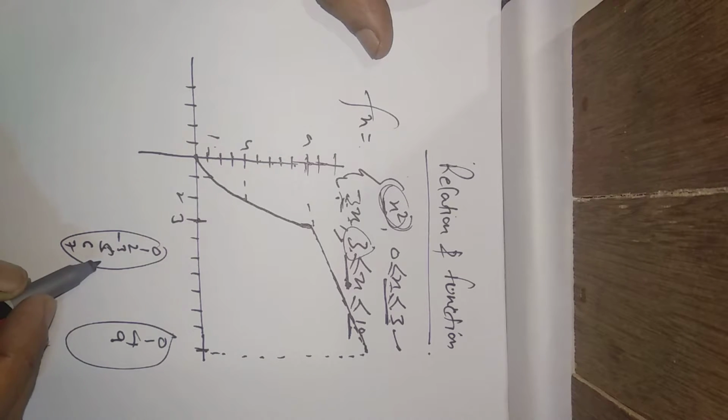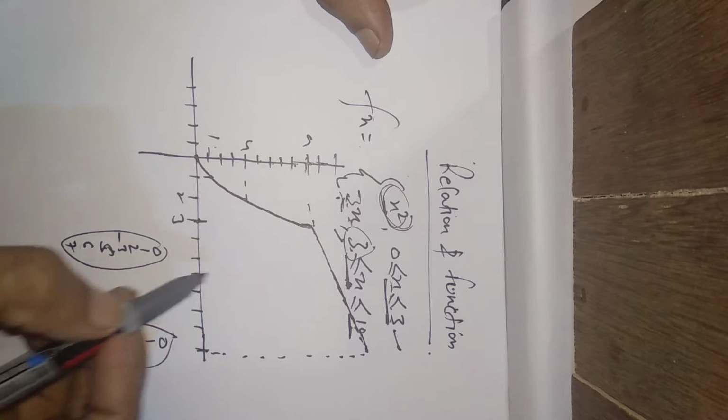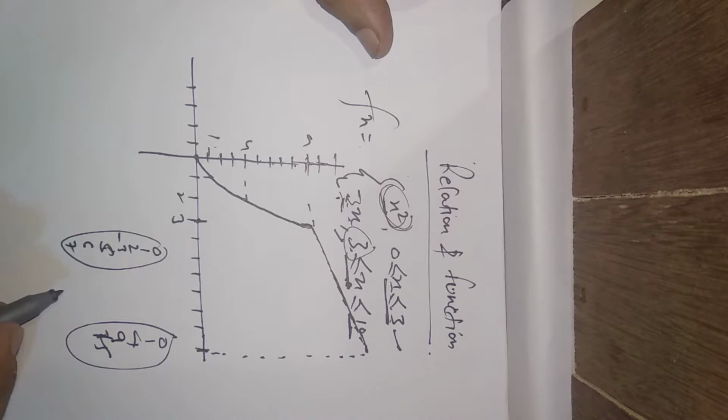And further, if it is 5, then for x square it would be 25, but for 3x it is 15, so at 5 it has to be 15, and so on. So there is only a unique solution for each part. It means it is a function.